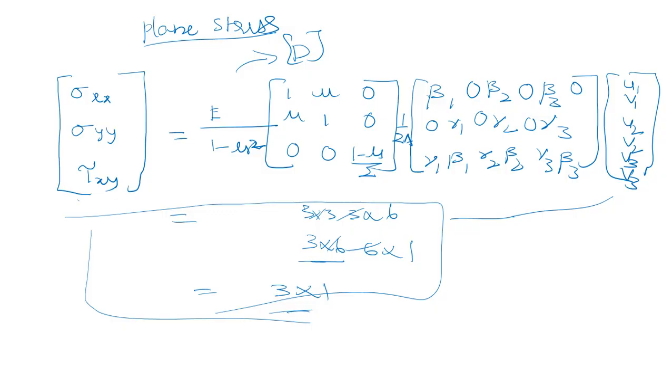Once again I am repeating, this D matrix is for the plane stress case. Already you know the plane strain case. So if they ask the condition in two dimensions, use plane stress or plane strain, and according to that we have to use the D matrix.